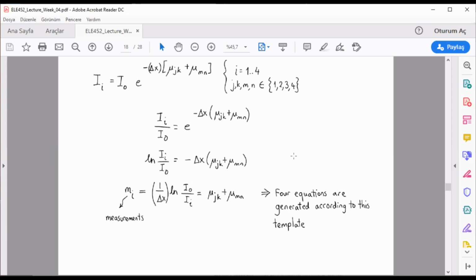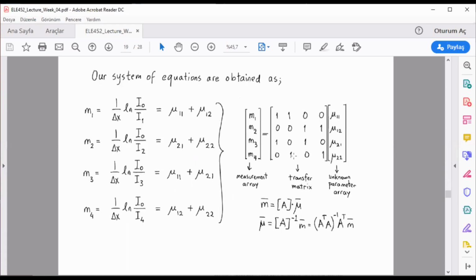By rearranging this equation, we obtain a measurement i in the last row, measurement i equals 1 over delta x, where delta x is arbitrarily determined as the dimension of a pixel, so it's known beforehand. I0 in the ln part is also known because that's the intensity of the incident ray, and I sub i is measured at the detector side. So this measurement gives the sum of two unknowns, mu sub jk and mu sub mn.